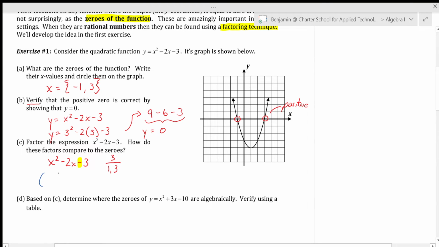If I factor it, x times x gives you x squared, and 1 times 3 gives you 3. Now you need a positive and a negative. Which one has to be negative? The 3 has to be negative, because -3 plus 1 gives you -2, and that's the number in the middle, your linear term.